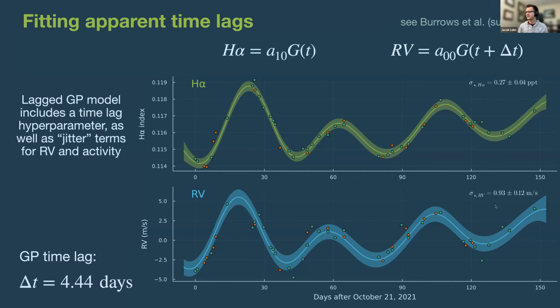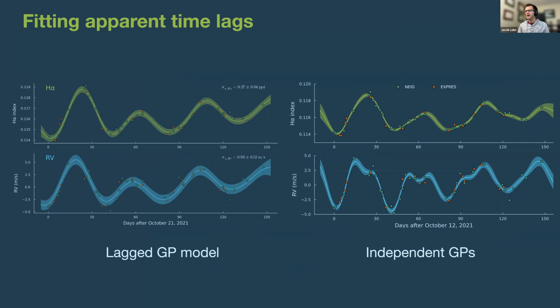I'll note the RV jitter that we measure is about 1 meter per second. And looking back to the independent GP fit that I showed before, you may notice that it seems that this independent fit is capturing perhaps more of the variability in this time series.